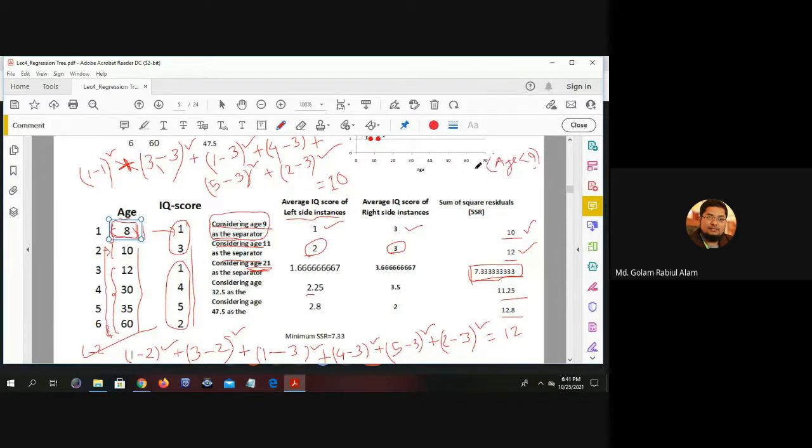So if we think like this, that is a tree, a tree like this. So here is less than 9. In this side, we can say that this is the left and this is the right.